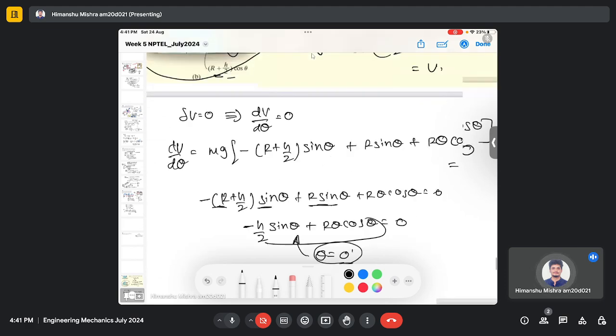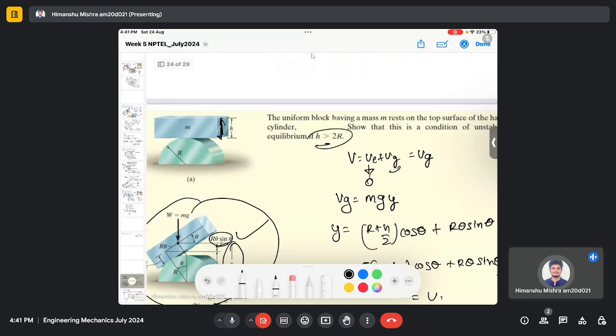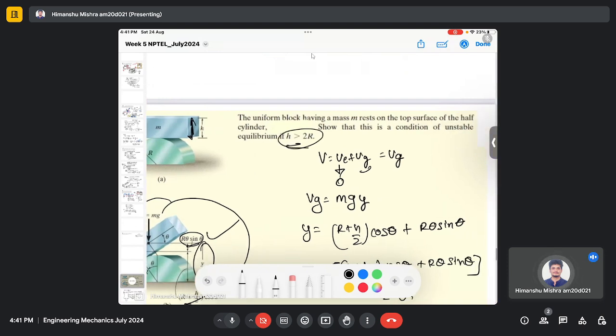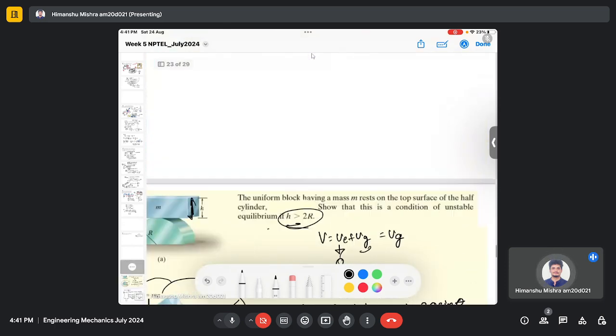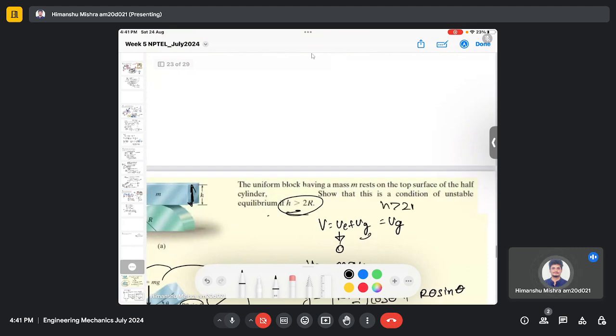So now we need to check this criteria. In the question we need to prove that the system is in unstable equilibrium. To find the instability, we need to calculate the double derivative of the potential and check its sign. So we need to prove that the double derivative of potential should be less than 0, and this will happen when h is greater than 2r, as given here.